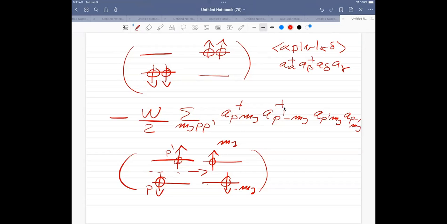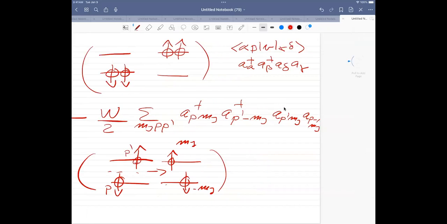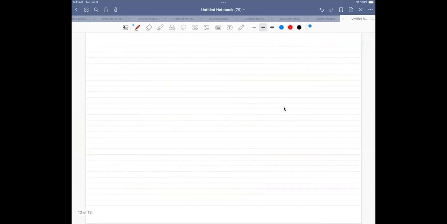Now, in the Jupyter notebook, you will see an extensive manipulation of these equations where we actually rewrite this Hamiltonian in terms of what are called angular momentum quasi-spin operators. So you can rewrite this Hamiltonian in terms of the same angular momentum operators which we used from before.